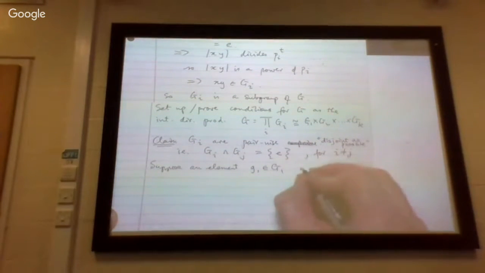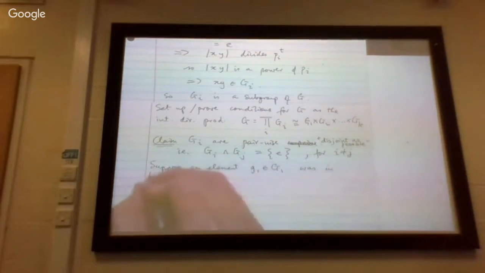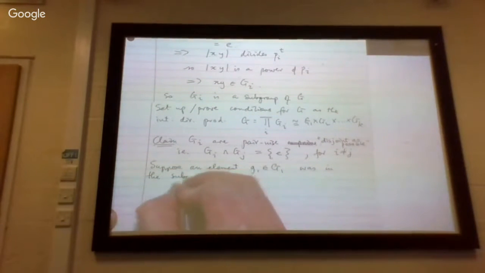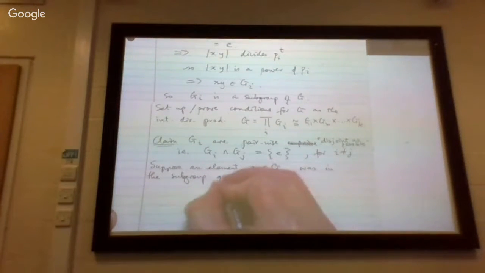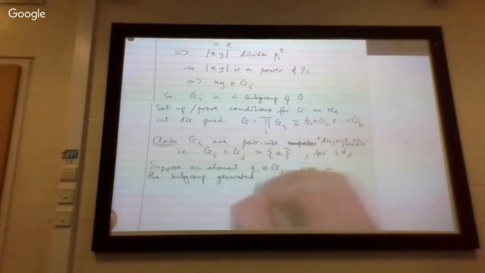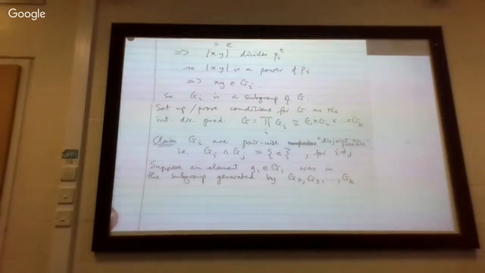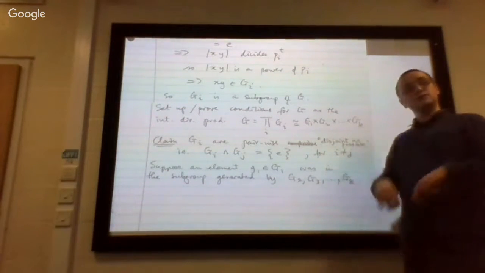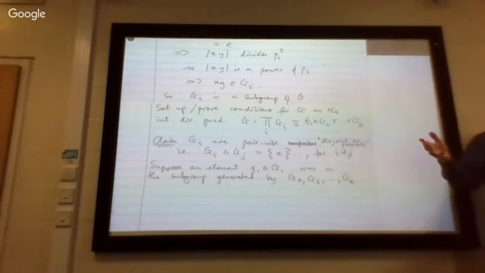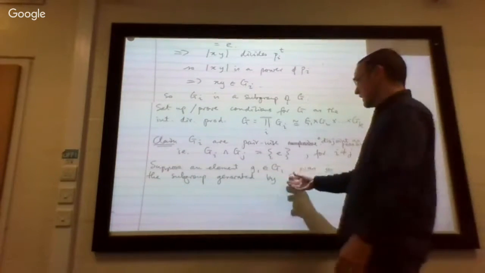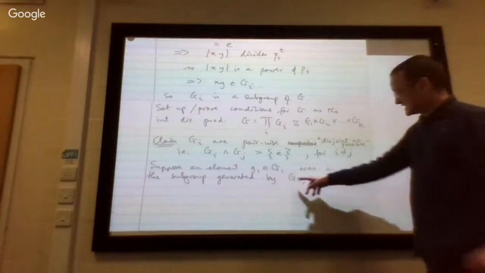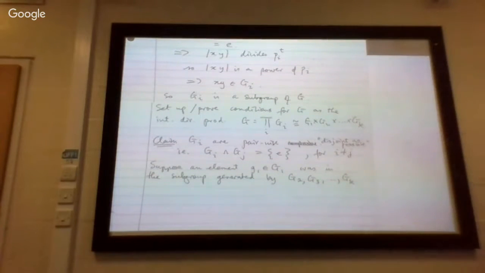Suppose an element g1 was in the subgroup generated by the other primary components. If you take all the elements of the other primary components, mush them together, and allow them to generate a subgroup, this would be the smallest subgroup of G that contains all of these. Well, suppose that's the case.